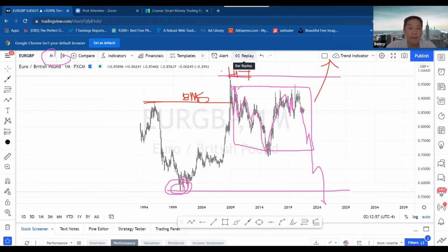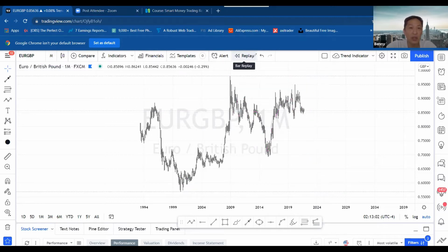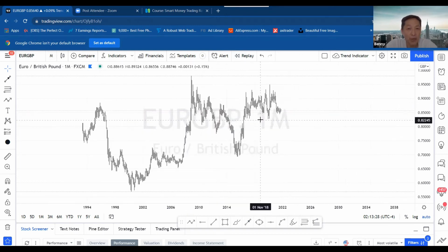But for the time being, we consider this time frame bullish. Why is it bullish? Because this high and this low contain all the activities. Whatever happened here belongs to a different time frame trend. Whatever happened here, okay, so I hope that is clear. So now in the monthly time frame, we are bullish.